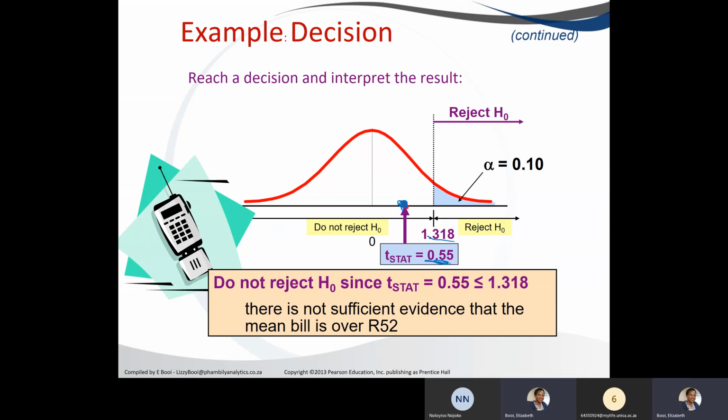It lands in the do not reject area, and therefore we do not reject the null hypothesis, since our test statistic of 0.55 is less than or equal to 1.318. And that's how you make a decision. I was just demonstrating how the steps are the same. It's just that the formulas you use to calculate will be different.